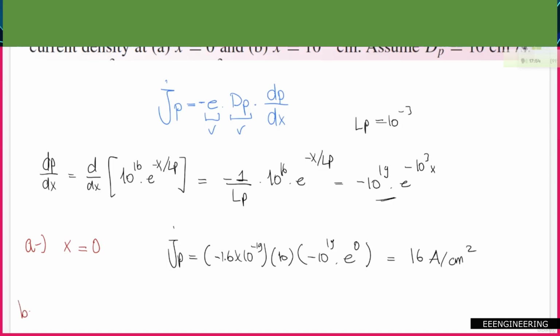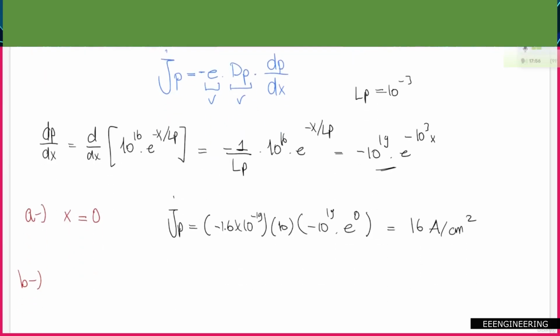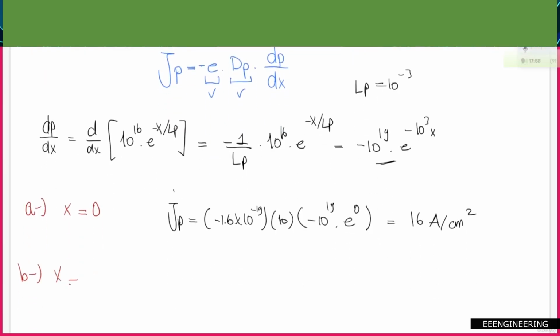Now we're going to do exactly the same thing when x is equal to 10 to minus 3. This time I'm going to have JP equal to minus 1.6 times 10 to minus 19 times the coefficient of diffusion, which is 10, times minus 10 to 19 times e to the minus 10 to 3x.